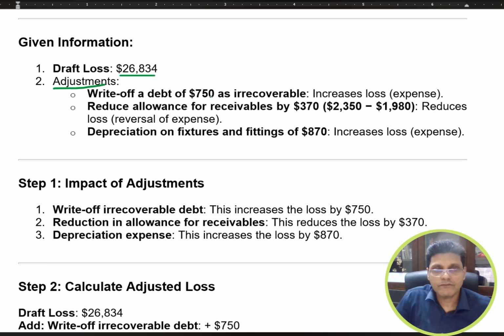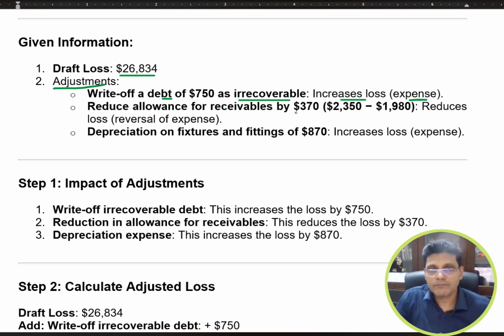Write off a debt of $750 as irrecoverable. When you write off a debt as irrecoverable, that will be an expense. So expenses will increase the loss. The second adjustment is to reduce the allowance for receivables.